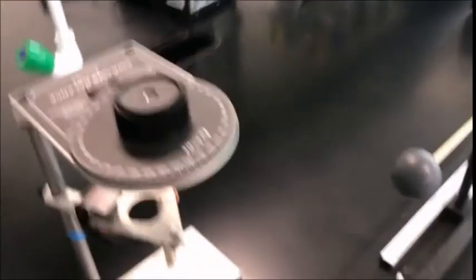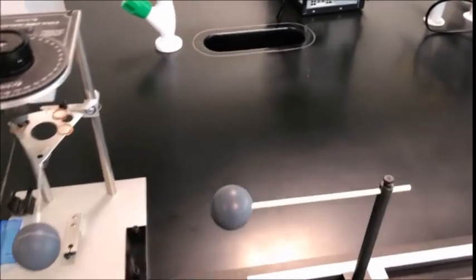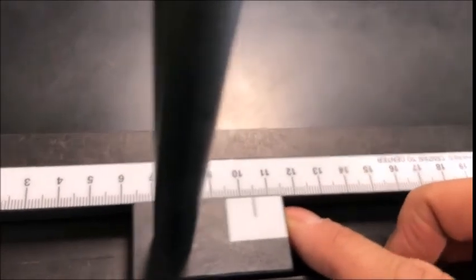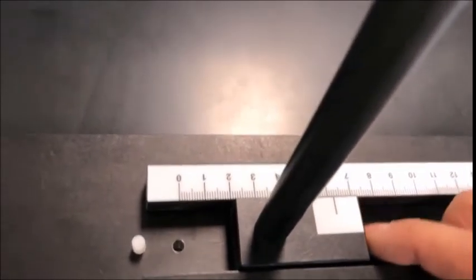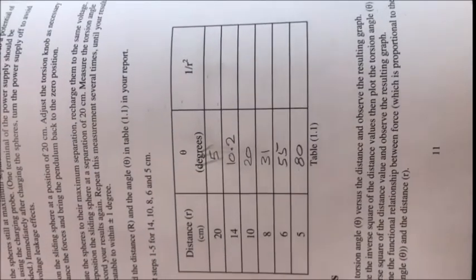So all what I have to do now is to repeat this procedure by changing the distance again and again and again. We will use a distance of 10 centimeters, measure the angle of rotation again, then 8 centimeters, measure the angle of rotation again, then 6, then 5, until I finish the readings for this part. And finally, after doing this experiment, I came to this final result for this part.